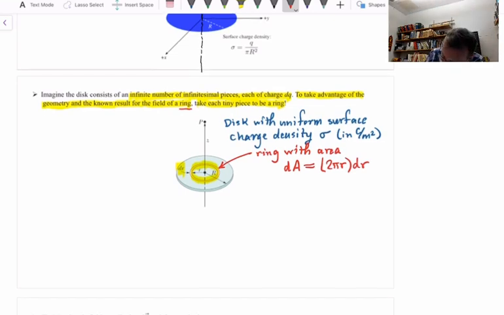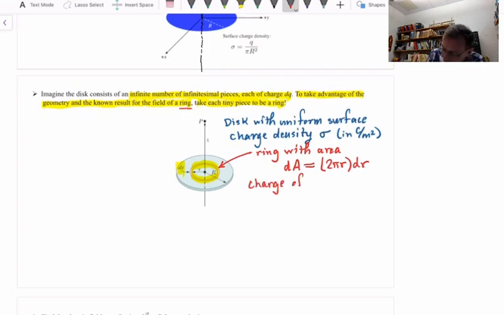Now I want to have an expression for the amount of charge that that ring has. Just that one highlighted ring. It's going to be a tiny amount of charge, because it's a tiny ring. So we'll call it dq. All right, now here's where we use the surface charge density sigma. Because to get the charge of that ring, I'll take the surface charge density of the disk, same everywhere on the disk, sigma, and I'll multiply that by the area of the ring.